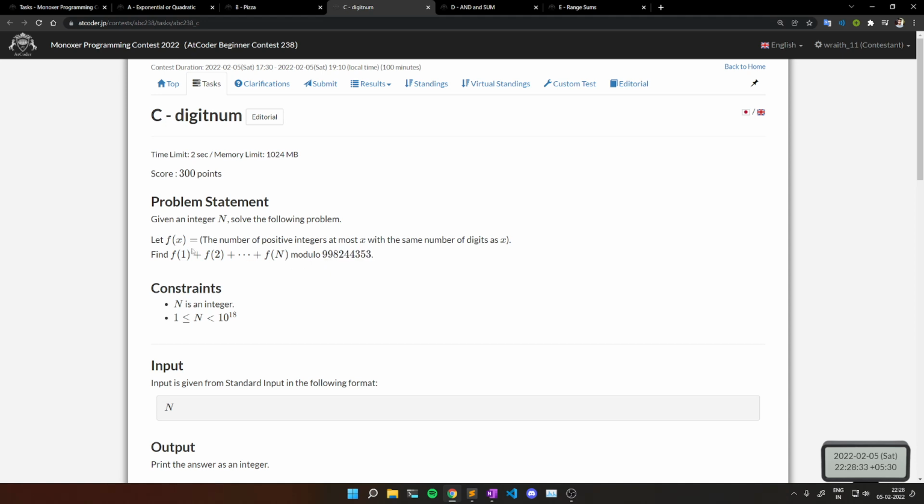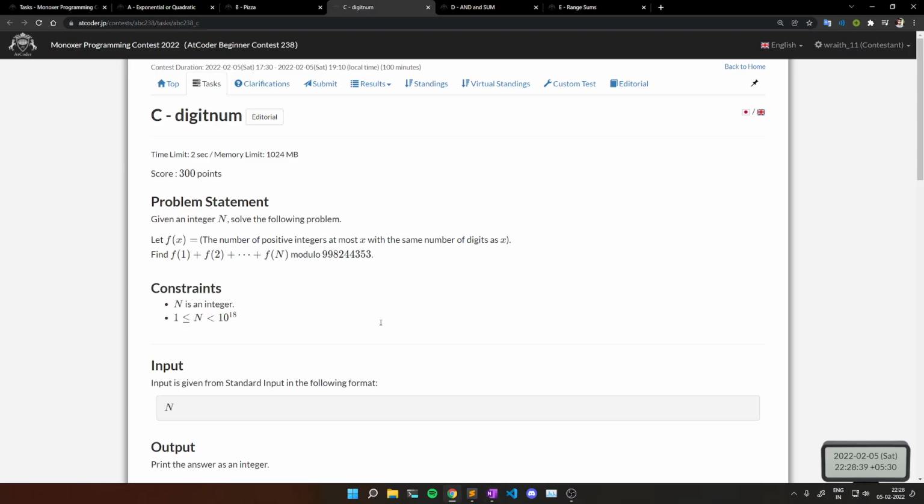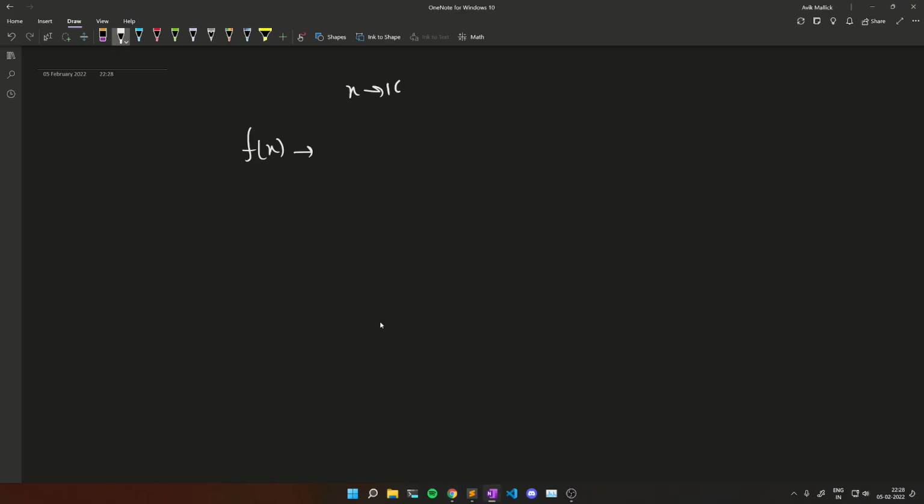Now let me explain further what f(x) is. Let's say x is 16. So f(16) means how many positive numbers are there up to 16 which have 2 digits, because 16 has 2 digits.